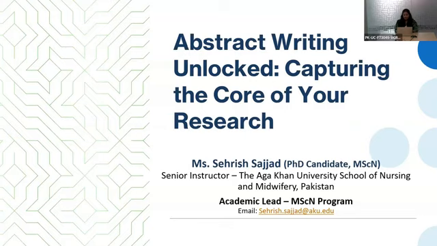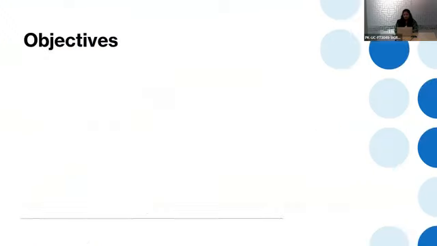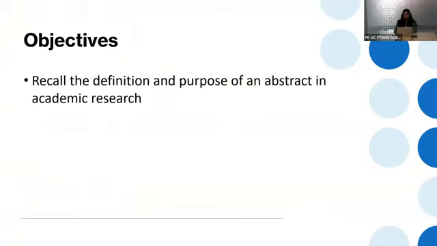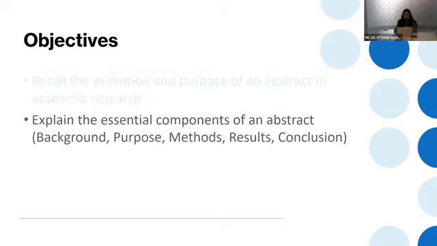I try to be simple yet complete, so that you can learn the art of writing abstracts for our conference Spirit 2024. So let me quickly walk you through the objectives for this webinar. We'll try to understand the definition and the purpose of writing an abstract for any particular academic research conference.